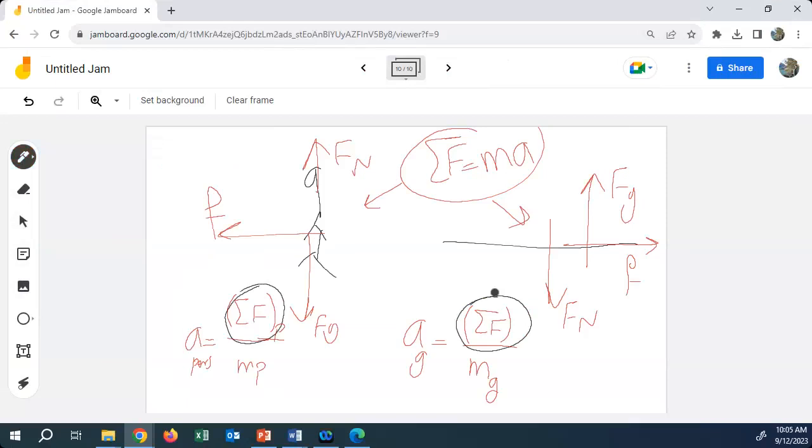The mass of the person is, let's say, 180 pounds. What is the mass of the ground? A million times or 10,000 million times bigger than the person. Compare the acceleration of the person with the acceleration of the ground. The numerator is the same, the net force, but the denominators are different.